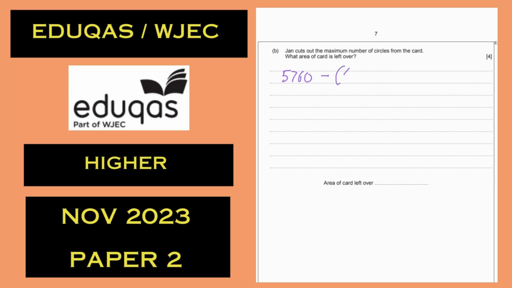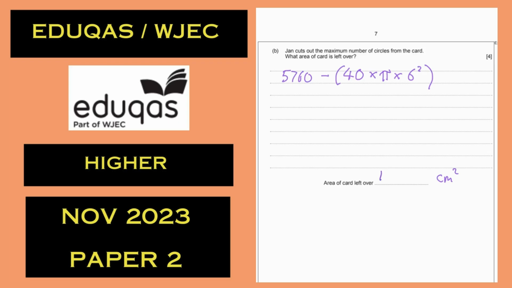Well, she's actually cutting out, as we've just worked out, 40 of them. 40 of what? 40 of a circle which has an area of pi times the radius squared, and that goes into your calculator. If your calc gives it in terms of pi, you'll notice not really bothered. As long as it's in centimetres squared, it's all good. So do make sure you type it in accurately.